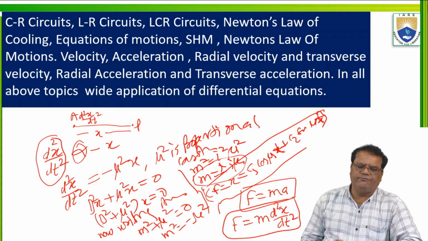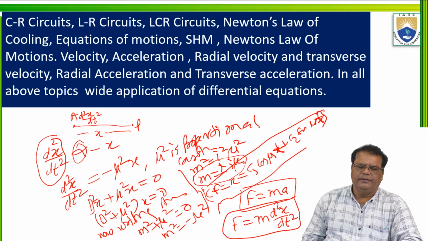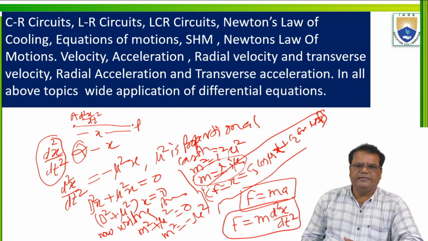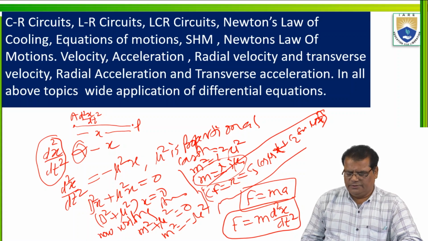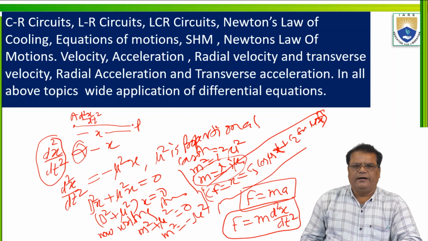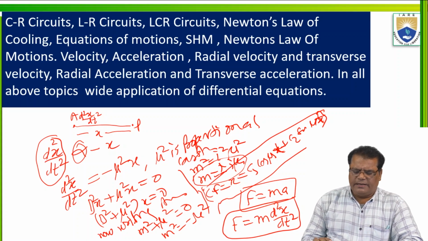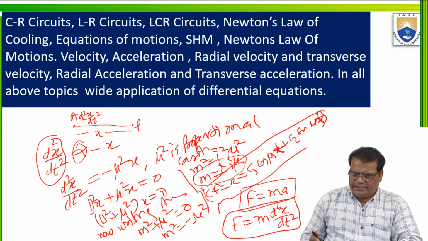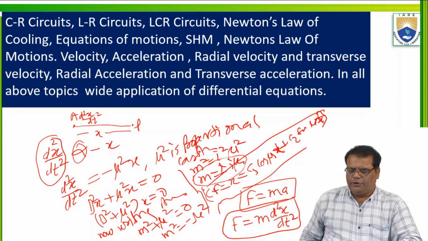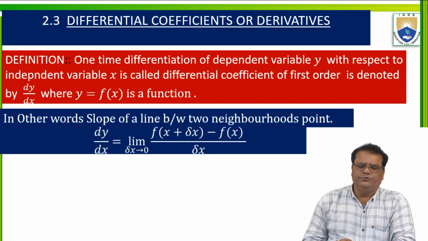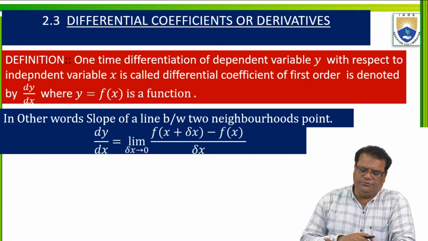When we apply force on the particle, some displacement is produced, as well as velocity and acceleration. This is Newton's second law, F equal to ma. In all such topics, we can use ordinary differential equations.